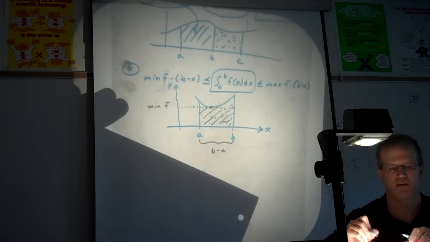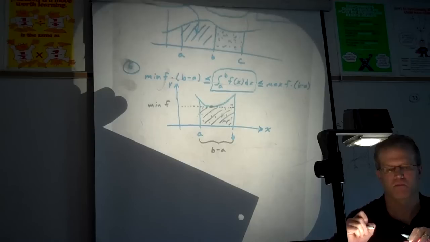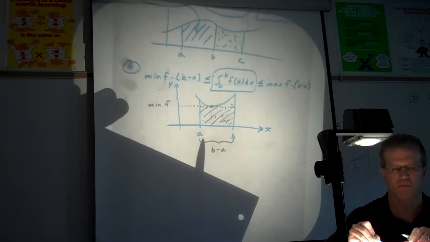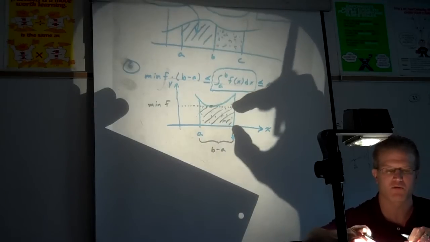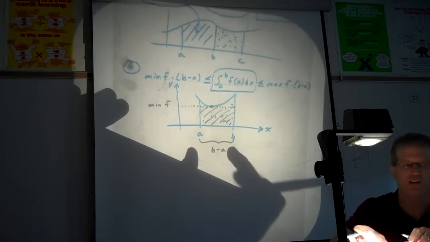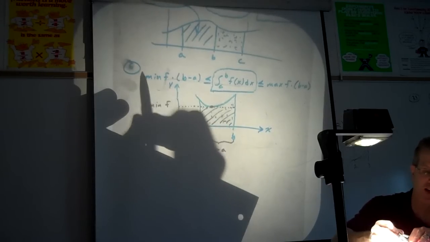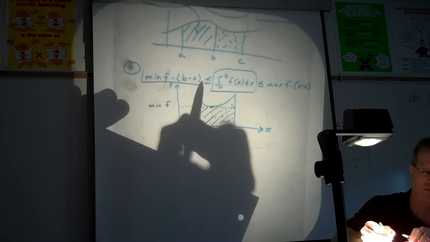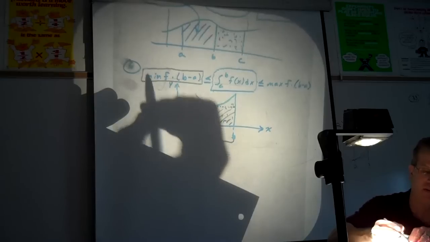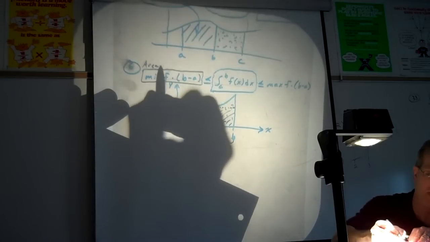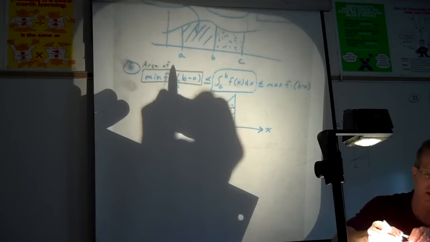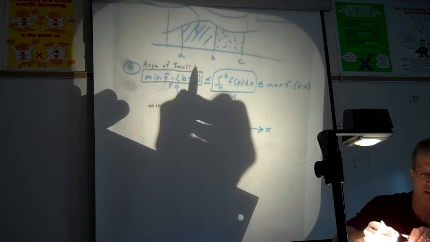What would you multiply? Yeah. You take the min of f, that would be the height, times b minus a, that would be the width, and that would give you the area of the small rectangle. So that's what this left piece here represents, the area of the smaller rectangle. I'm going to have two rectangles here in a minute.